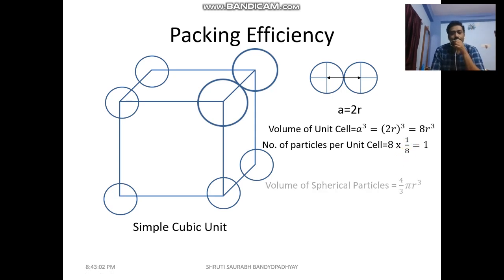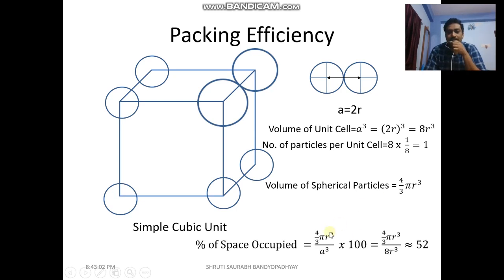What about the volume of the spherical particle? We know the formula, 4/3 pi r cube, from geometry. And now the percentage of space occupied. This is a very simple formula. Percentage of total space occupied is equal to the total volume occupied by the spherical particle, that is one particle into 4/3 pi r cube, divided by the total volume of the unit cell, a cube, multiplied by 100.